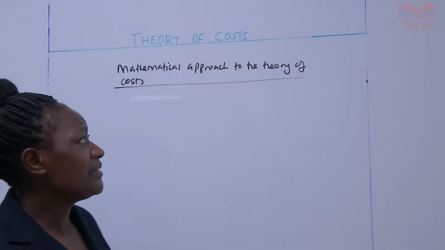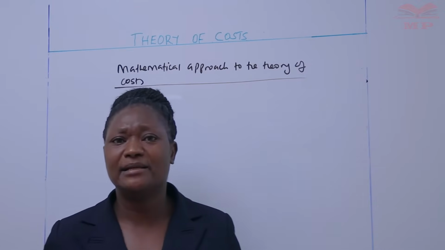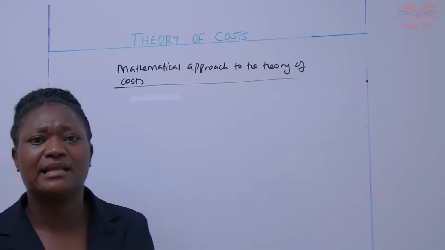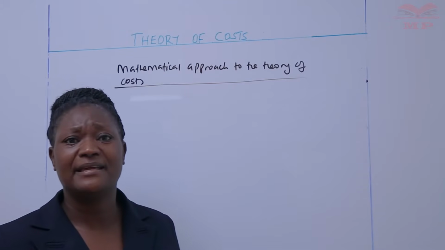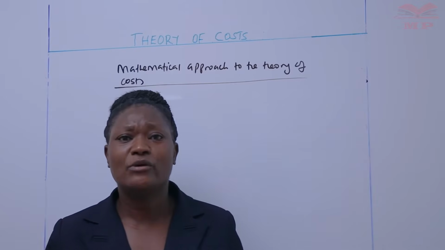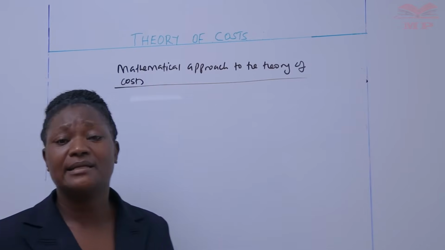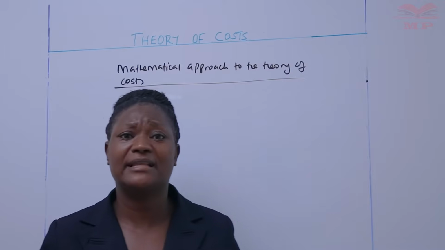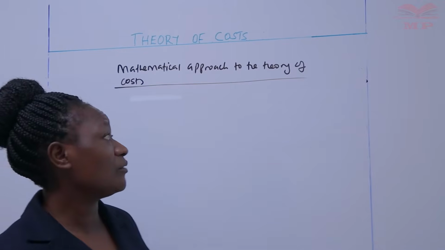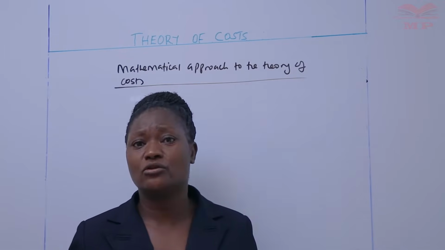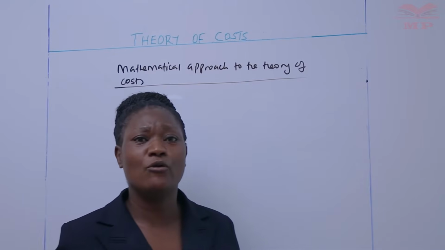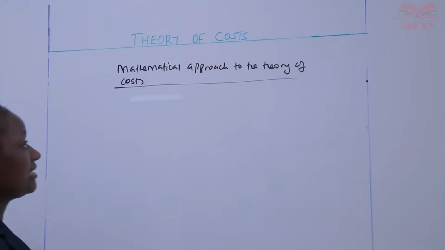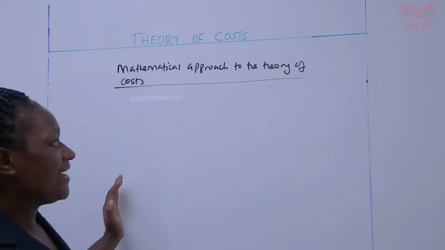One is you may be given a table, and in that table you already have figures on the level of output, the fixed cost, and the variable cost, and then you can be told to use that to calculate the total cost, the marginal cost, the average fixed cost, average variable cost, and the average total cost. So in case you are given such a question, how do you go about answering it? I'll give an illustration.